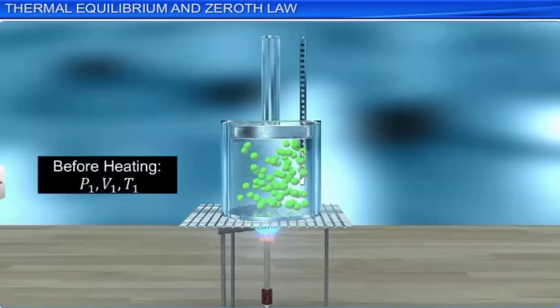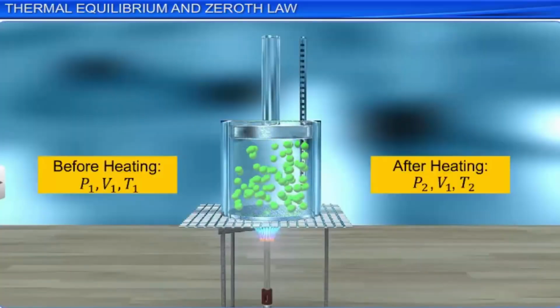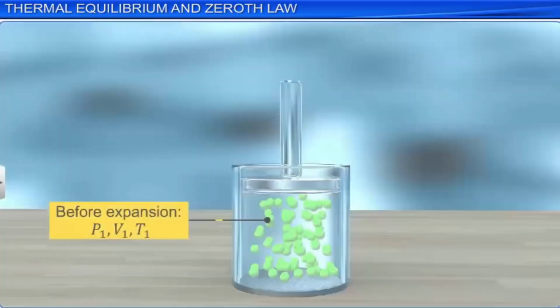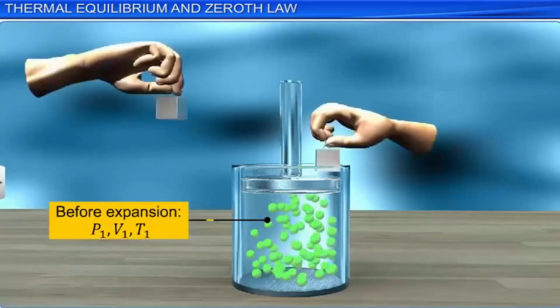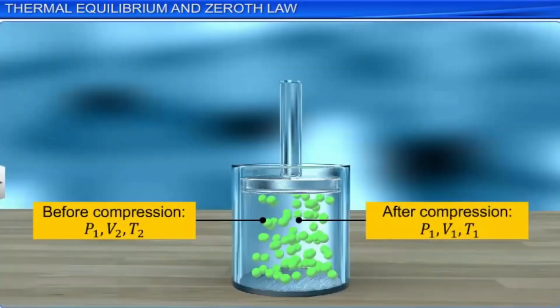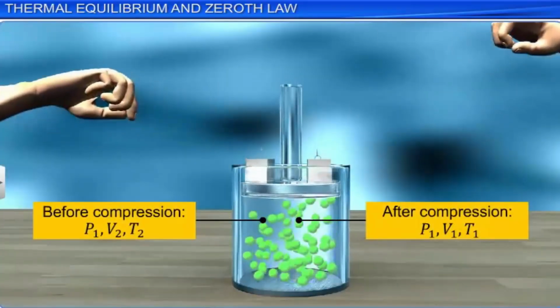The state of a system changes if the system exchanges heat with its surroundings, or when work is done by the system, or when work is done on the system.